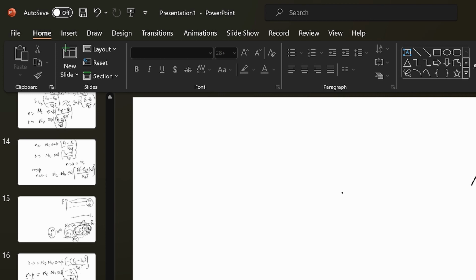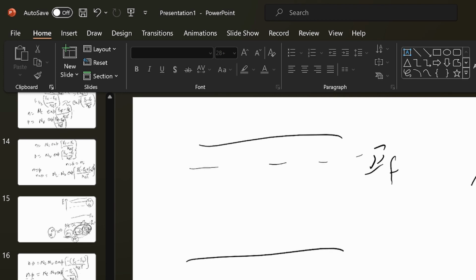But if we are doping the semiconductor, n will be different and p will be different. If we dope with n type, this is the EF, and in this one n will be greater than p.